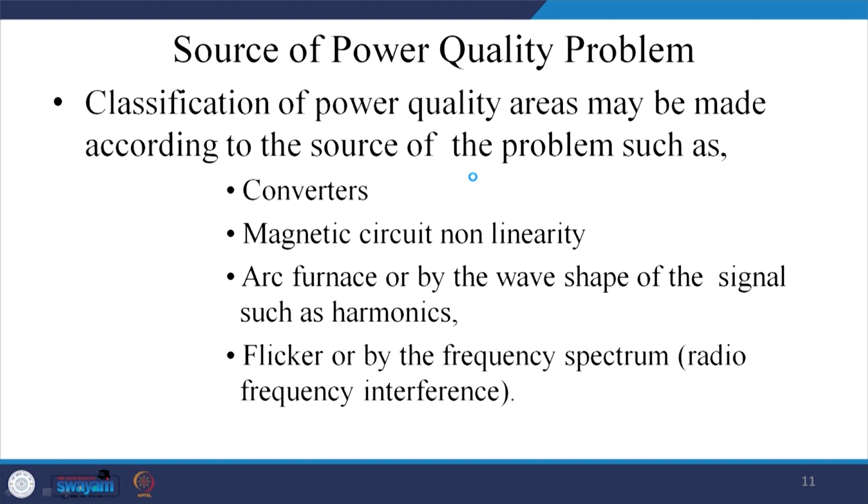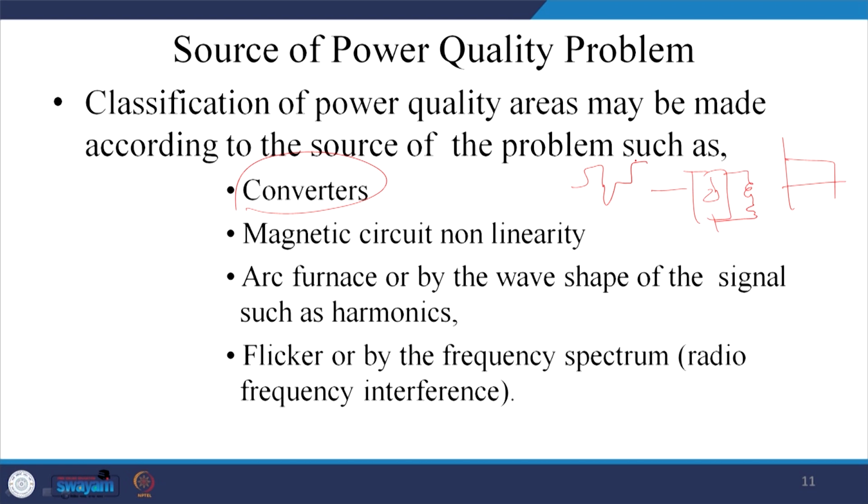Classification of power quality areas may be made according to the source of problems, such as converters. Once you convert AC to DC, let us say you have a diode rectifier and your inductor is quite high, then your load current is continuous, thus your source current will be a square wave.